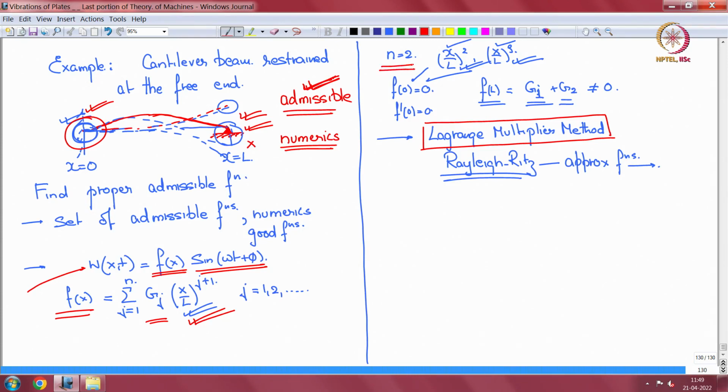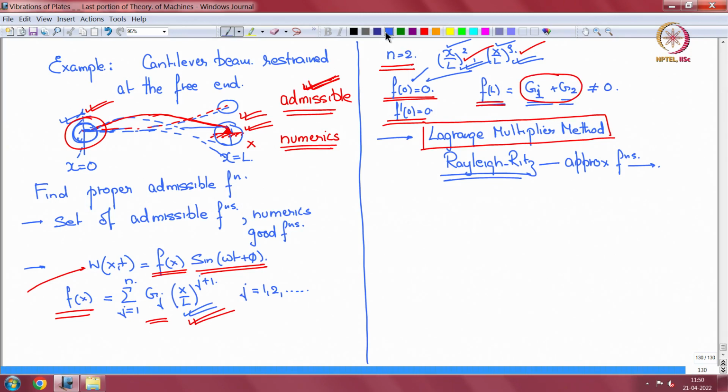The first function is (x/L) squared, the second is (x/L) cubed, and they satisfy the displacement and slope condition at x equal to 0. However, at the other end, x equal to L, the displacement is g1 plus g2, which need not be 0; it has to be enforced.